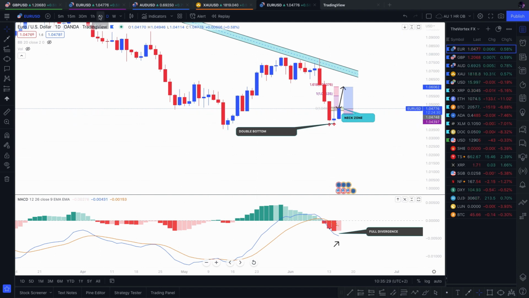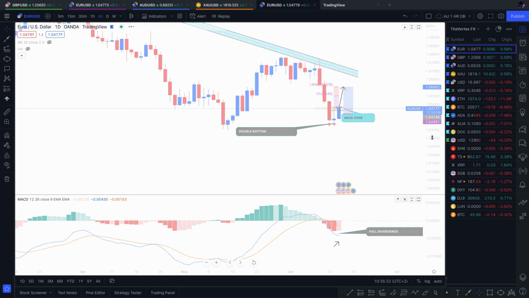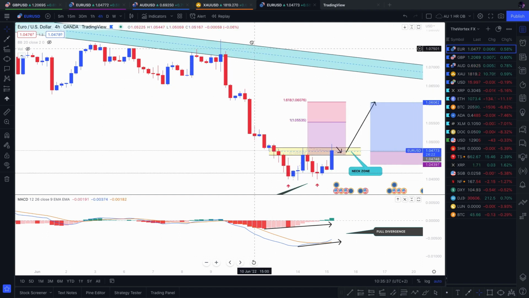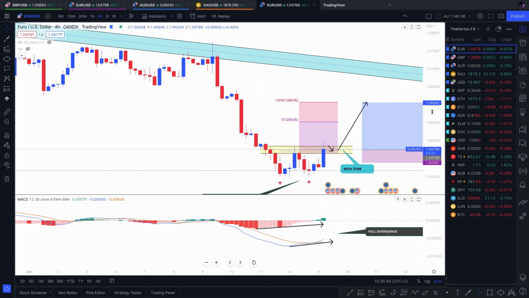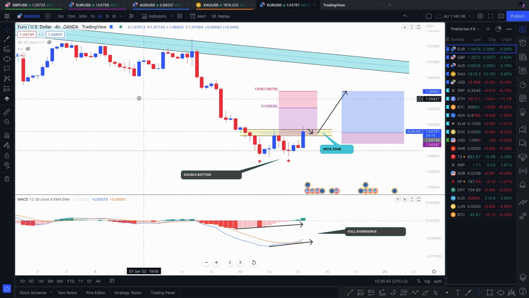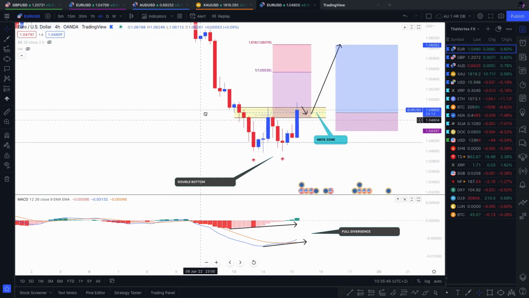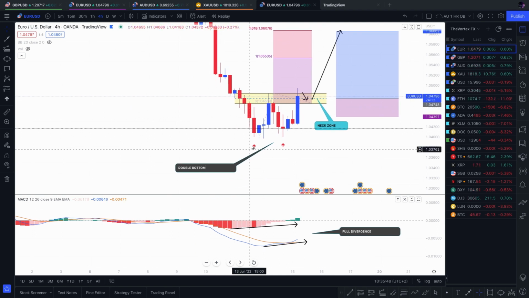So what I'm going to do is switch back to the 4-hour time frame. This is where I have all the little patterns and charts and notes and everything laid out for you guys nicely. So what I can see is the following, right? This is one bottom, the first part of the letter W. This is the second part of the bottom, the second part of the letter W, right?